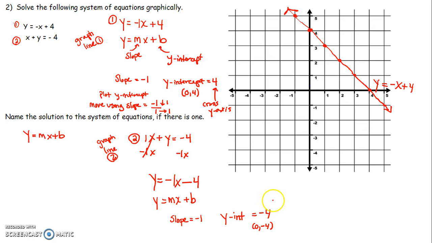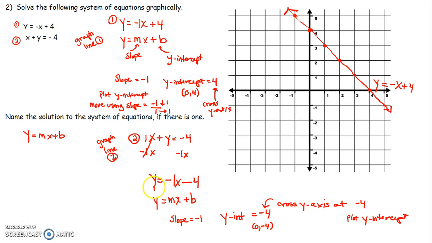It's where I cross the y-axis. I'll cross the y-axis at -4.